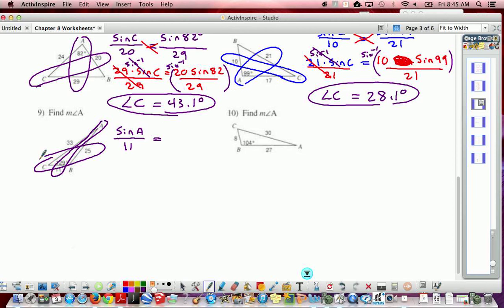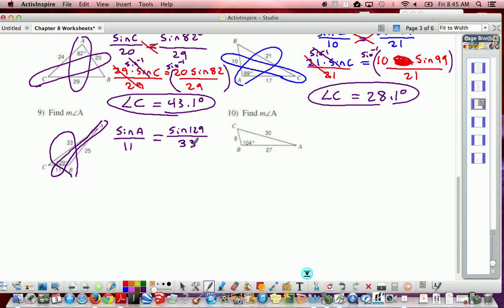It can't correspond to that one. This 129 is actually angle B, because since it's more than 90 degrees and will be the largest angle, it should correspond to the largest side. So it has to be sine of 129 over 33.